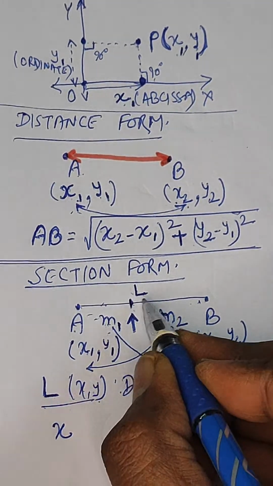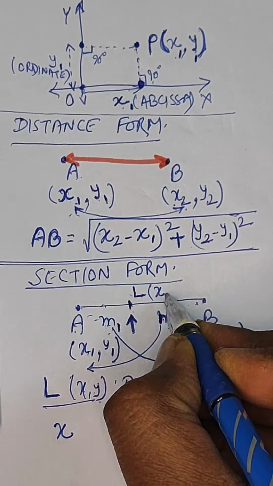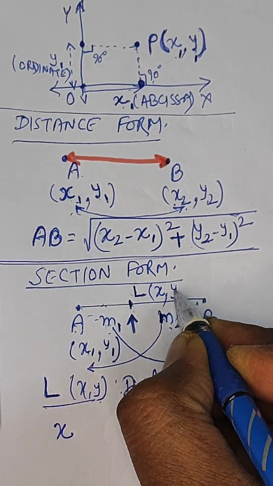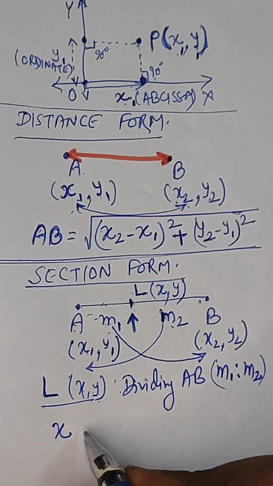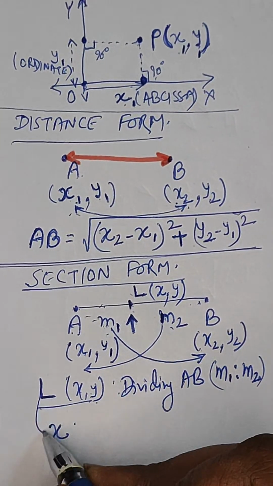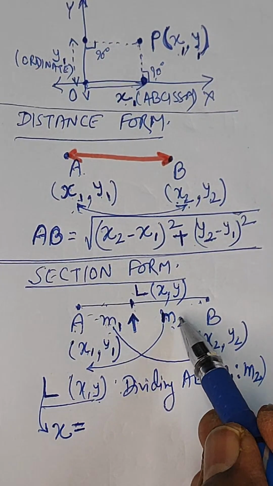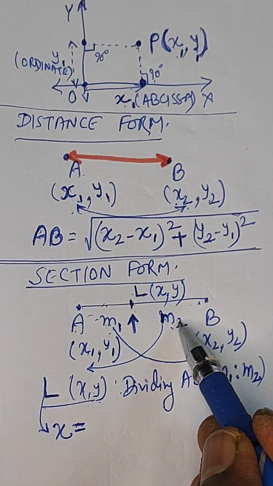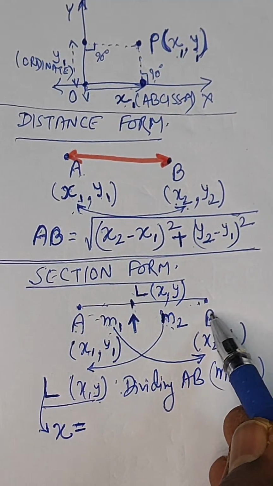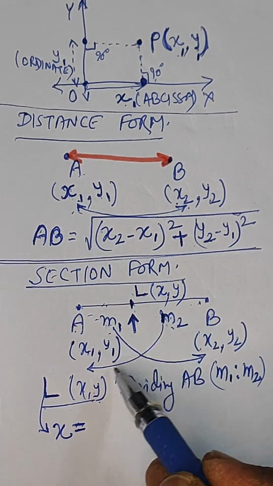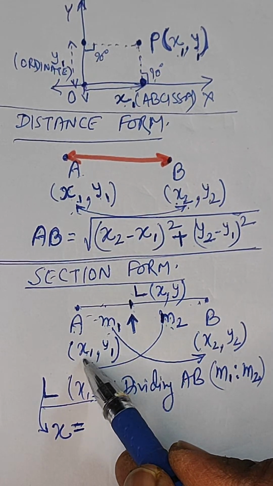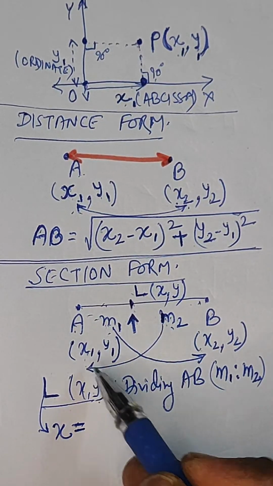x, which is the coordinate, the abscissa of L, and y is the ordinate, right? So we can say that the x coordinate or abscissa is given as: you can see the second ratio, the second one which is towards B, is taken first, and this will be multiplying with the x1. Just remember like this, okay?